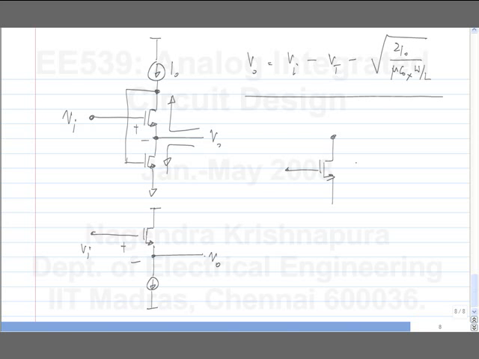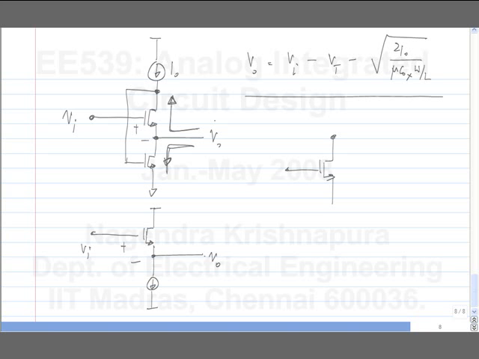What is wrong with this logic that looking up you see infinity because it's a common gate amplifier, open circuited? One second. And looking down it's also infinity because it's a current source. Okay, so what will be the impedance? It will be 1 over GM.